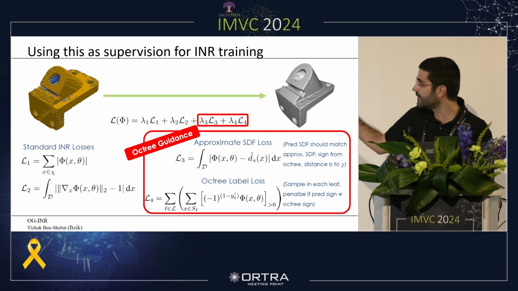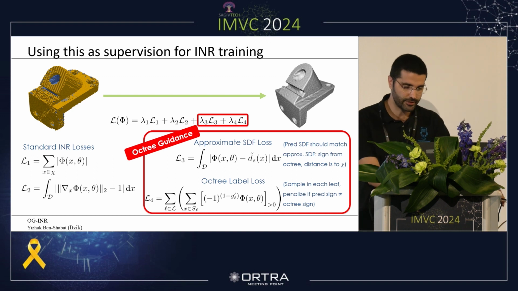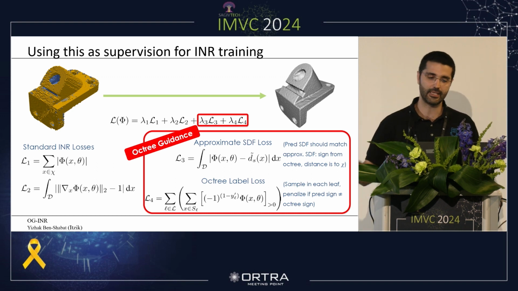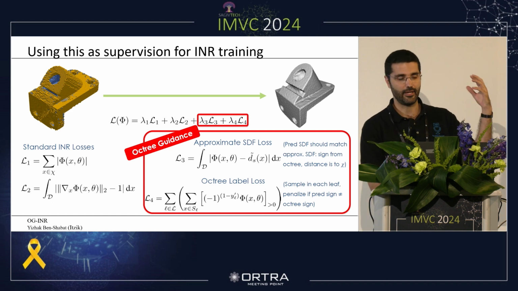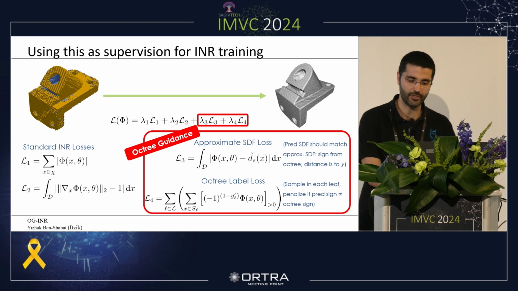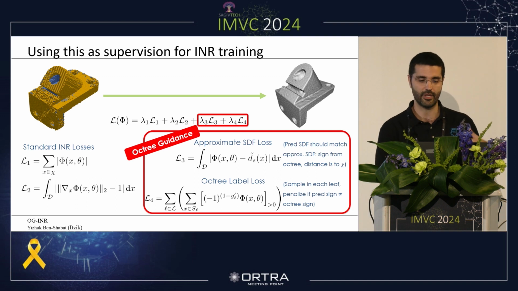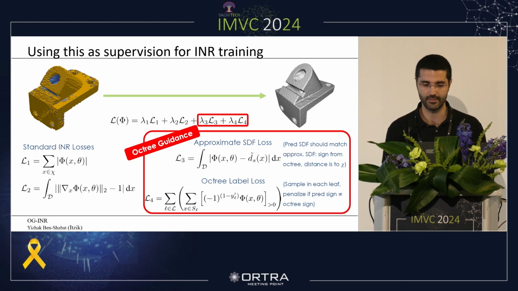But then we add these two L3 and L4 terms that basically take the information that we now have in the octree and impose it on the trained neural representation, right? So we have both the distance and the sign losses.